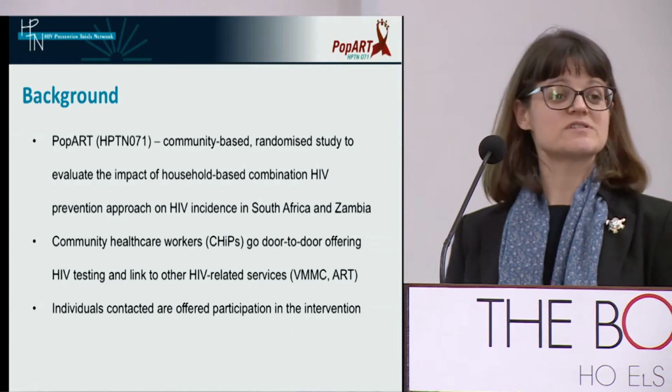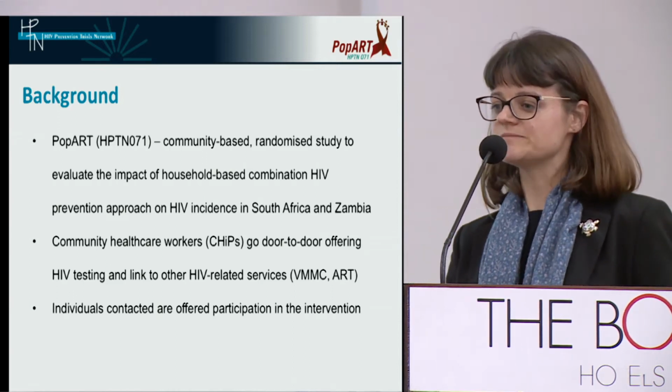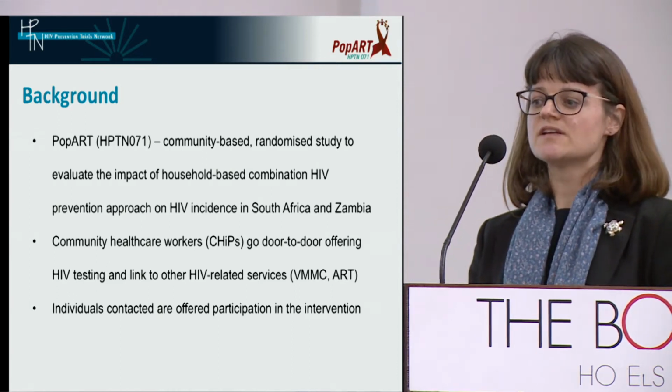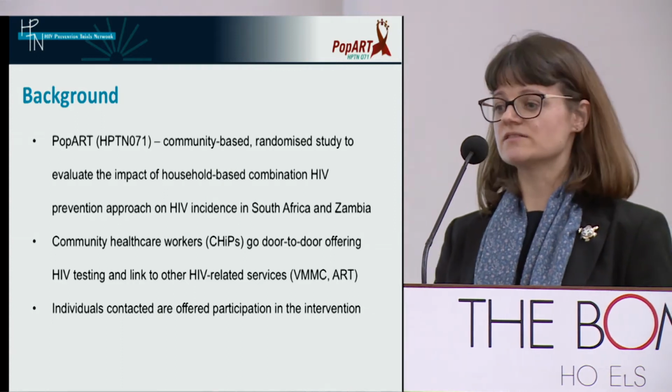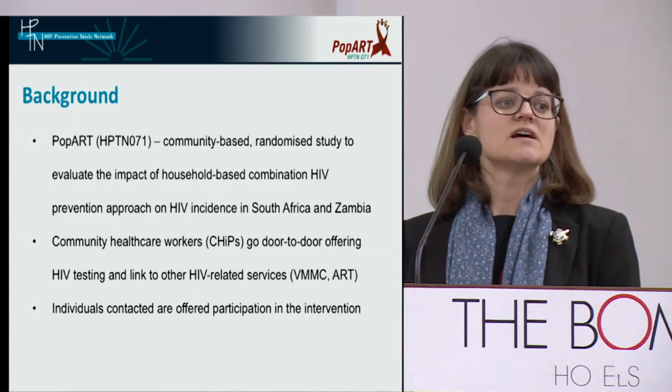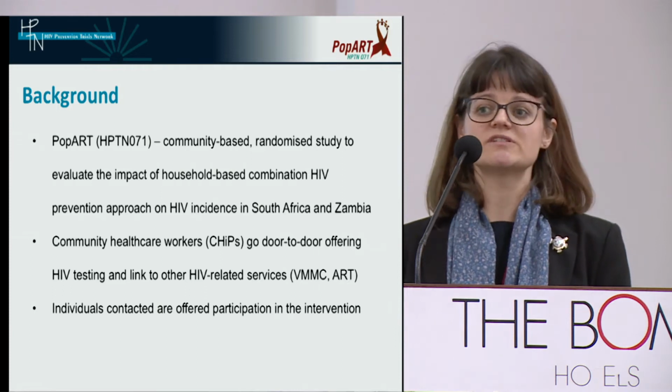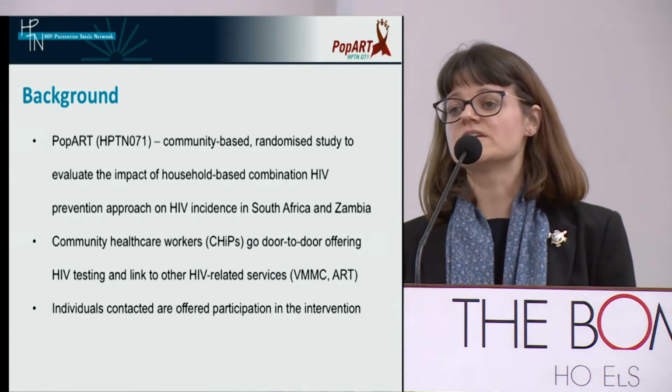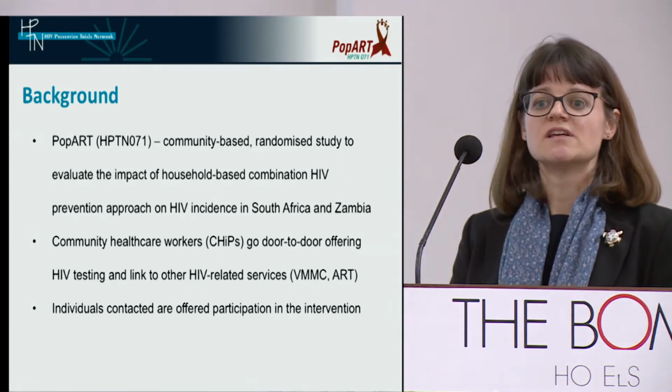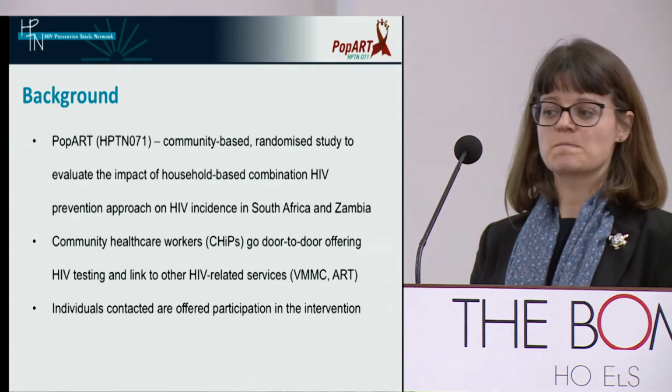So I think most of you have probably heard of PopART, or HPTN 071. It's a community-based randomized trial to evaluate the impact of a household-based approach to combination HIV prevention on HIV incidence in both Zambia and South Africa.